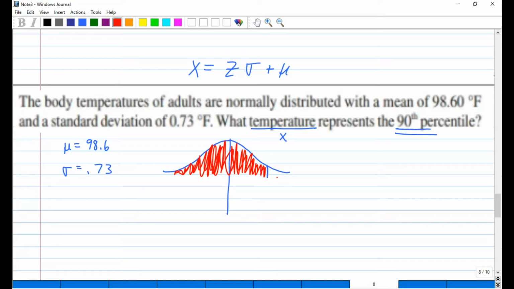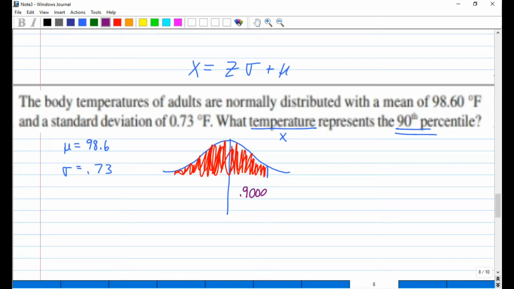Okay? So what does that mean? That means that under the curve, all of this that I have shaded is 0.9000. That's 90% of all the area, 0.9000. So I need to find a z-score that is as close as I can get to having an area of 0.9000.